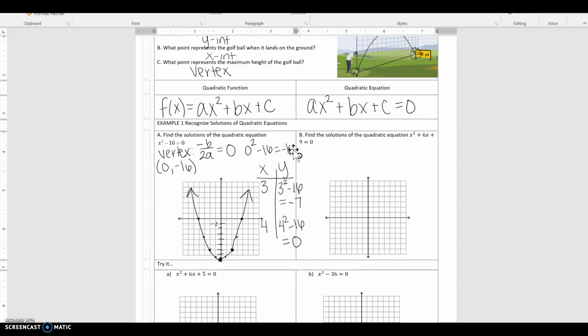Okay. So it said find the solutions though. And the solutions are going to be where it touches on the x-axis. So our solutions here are x equals negative 4 and x equals 4. In Pearson, it might make you write it like this.